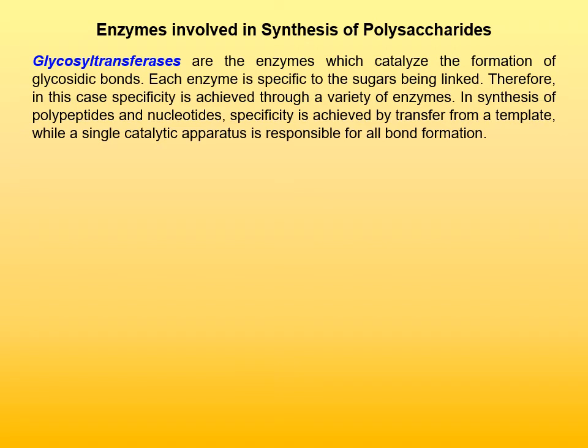So in this case, specificity is achieved through a variety of enzymes. On the other hand, in synthesis of polypeptides and nucleotides, which we'll cover later in the course, specificity is achieved by transfer from a template, while the catalytic apparatus is identical in each case. So it's a single catalytic apparatus that operates.